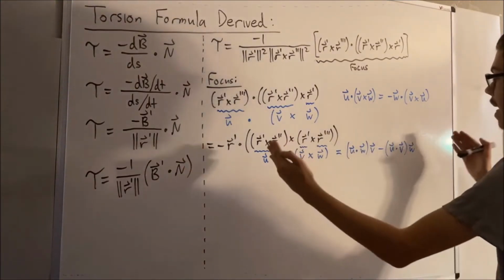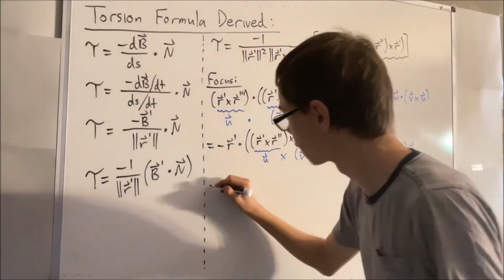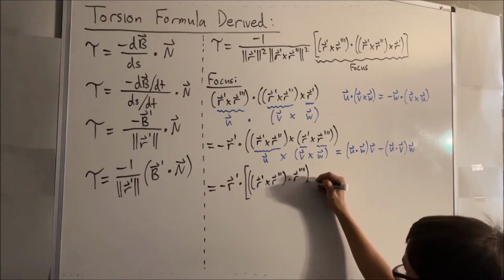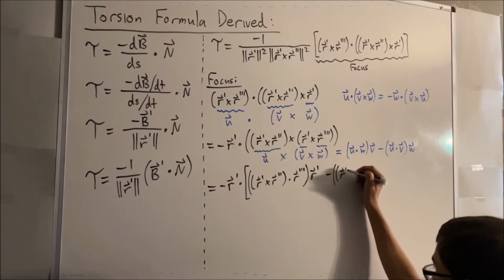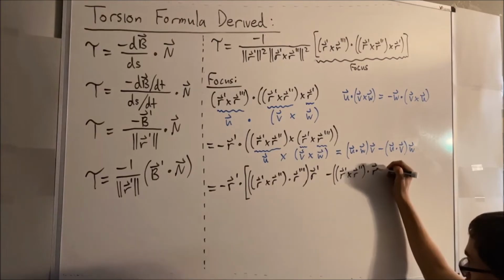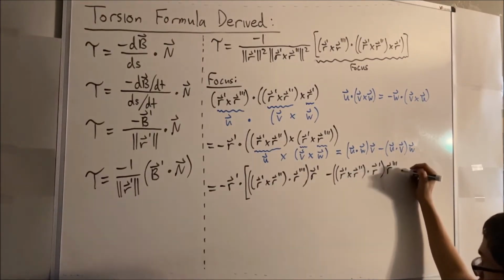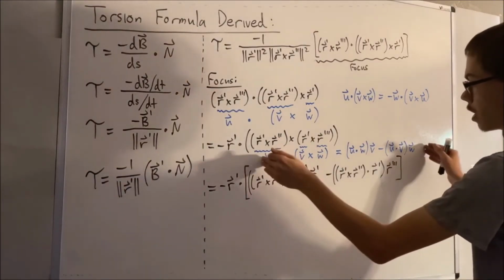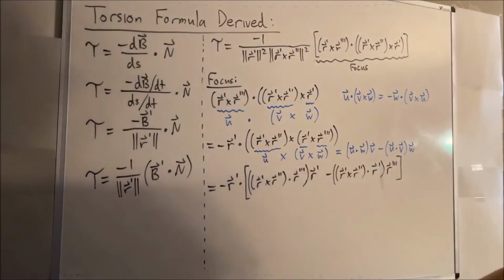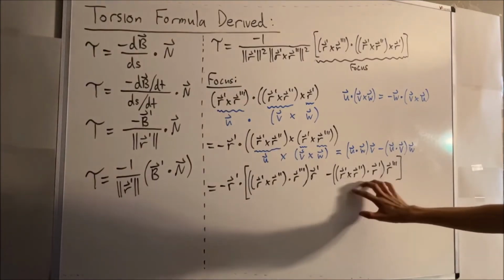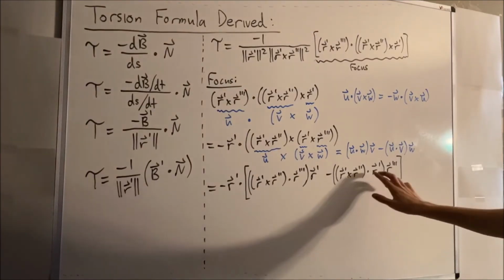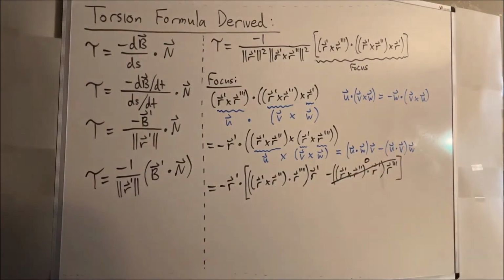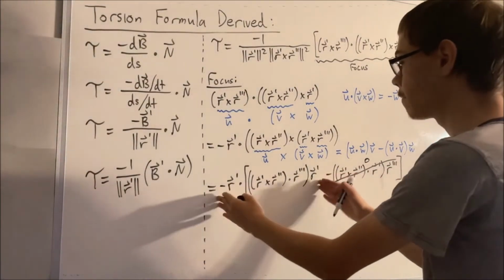And so now we're going to apply this idea to what we have. And so this is what we get from the vector triple product formula. Now, notice how for our second term right here, this just becomes 0 because r prime is perpendicular to r prime cross r prime prime. So what we're left with is everything we have right here.